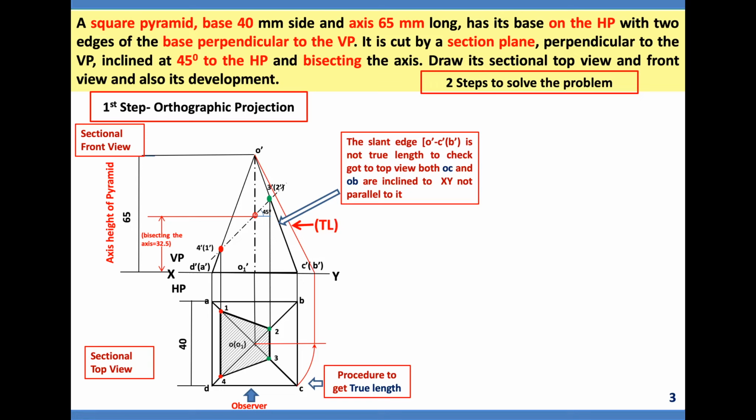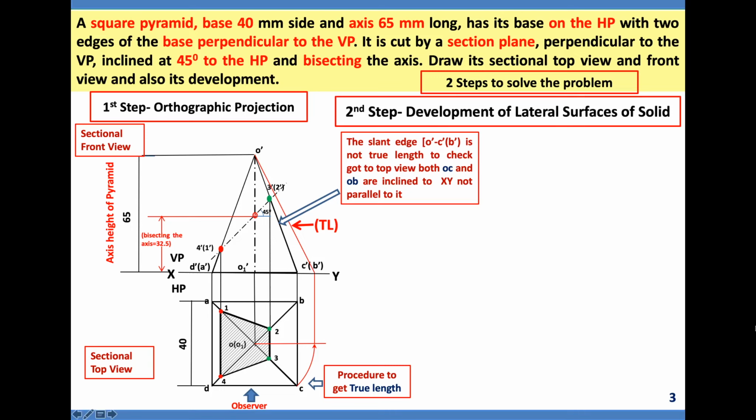With this dimension, come to this plane area, that is the second step, development of lateral surfaces of solid. At one point fix O, then take the same true length and draw a line equal to the true length. With the help of compass, O as center, radius equal to true length, draw an arc.